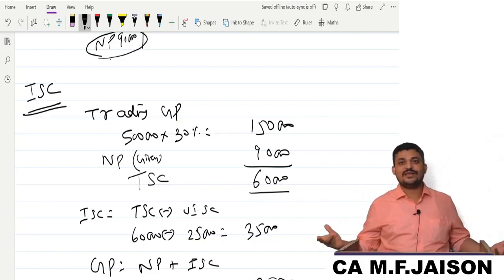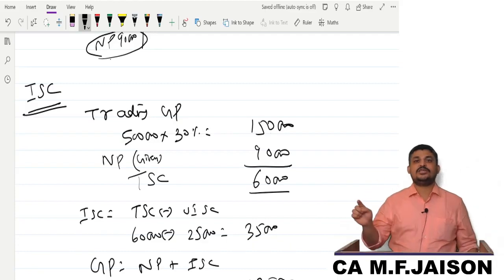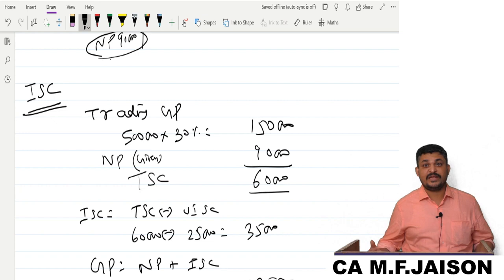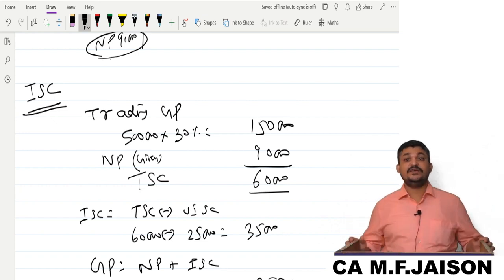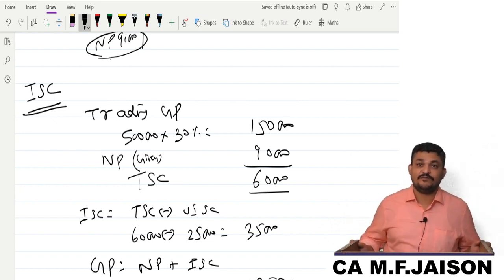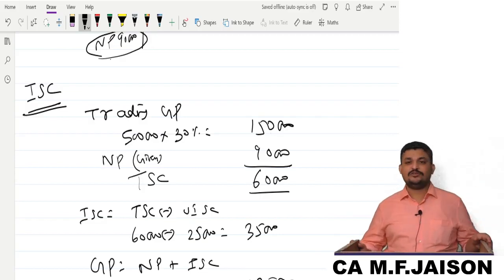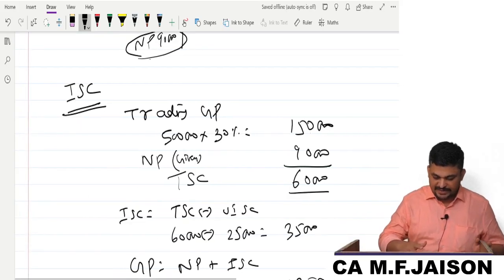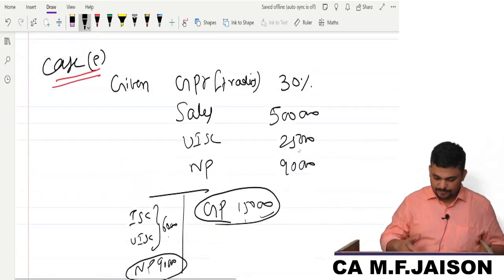How come, sir? Both the numbers are gross profit. The first gross profit is the trading gross profit, and the second gross profit is the gross profit that we require for this policy. Which policy? Loss of profit policy, consequential loss policy. Like that you should understand. I hope you are following. So that way we have completed case E also.